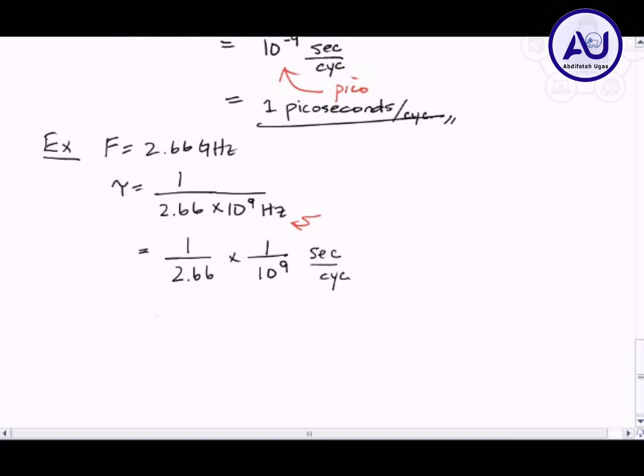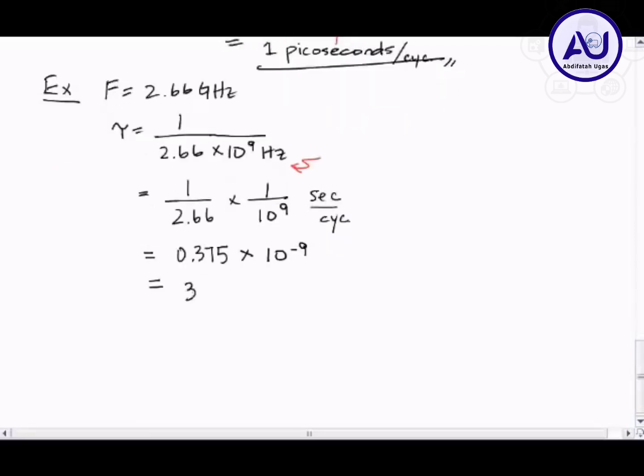So 1 over 2.66, if you were to use your calculator, you can see that is 0.375 approximately, and 10 to the minus 9. At this point, let's rewrite our 0.375 as 375 times 10 to the minus 3.